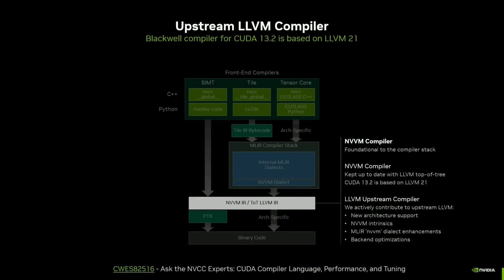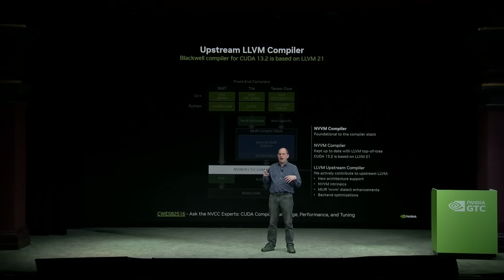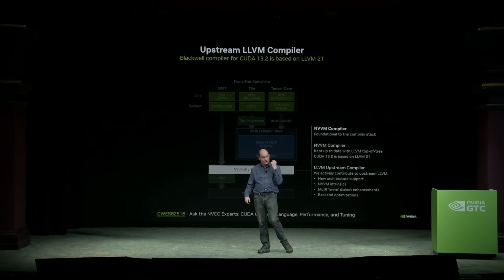Because there's always been this gap, and up till now, a very big gap between the LLVM that CUDA supported and the LLVM at the top of the tree. Now we are taking our LLVM efforts in what we call NVVM, which is the NVIDIA extensions to normal LLVM, and we are putting that upstream. So from CUDA 13.2, I believe it's 13.2, the Blackwell compiler is going upstream into LLVM 21.